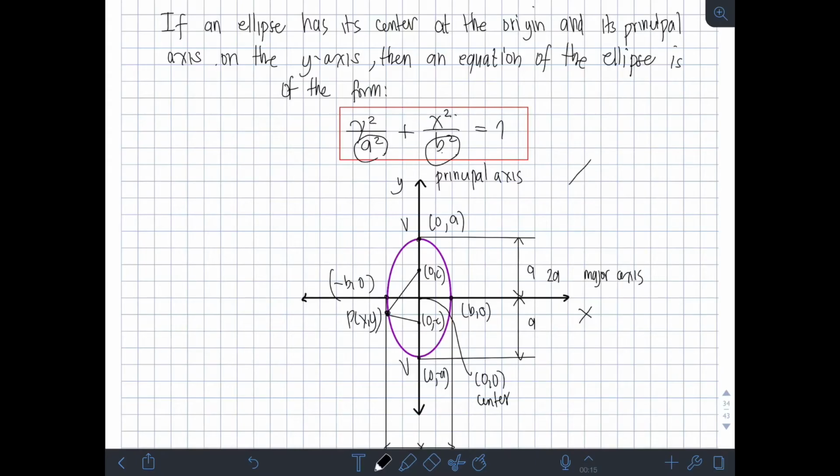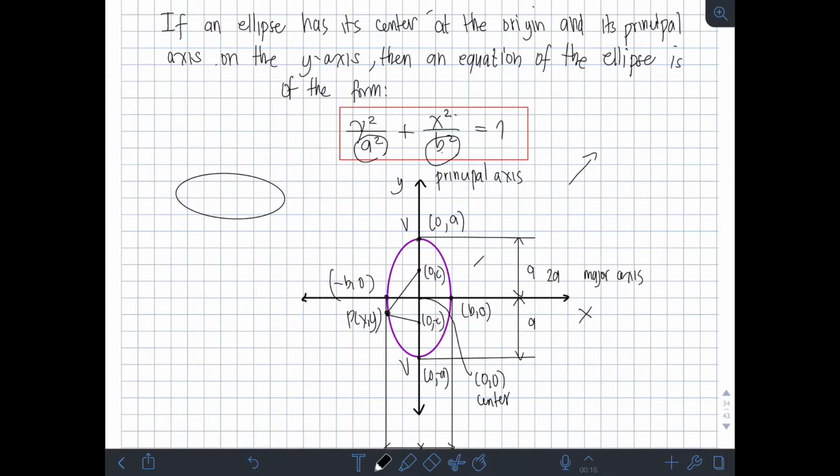So, this time, when the equation has this form, this is the look of our ellipse. Earlier, it was wider horizontally. Now, it is wider vertically, because our axis is now along the y-axis. So, our principal axis, when the center is at the origin, is the y-axis itself.